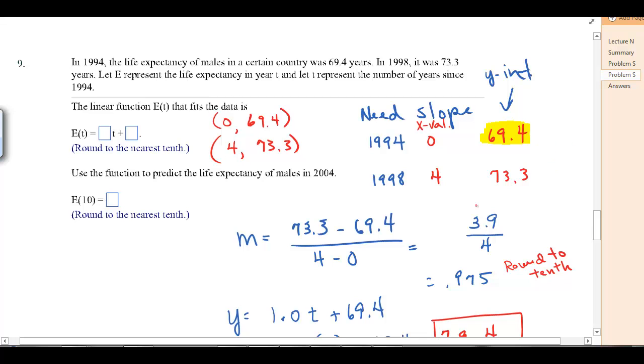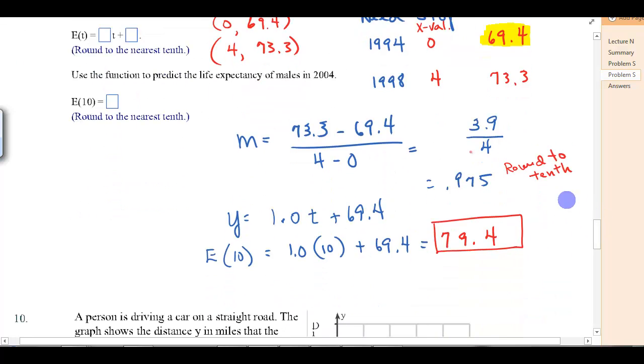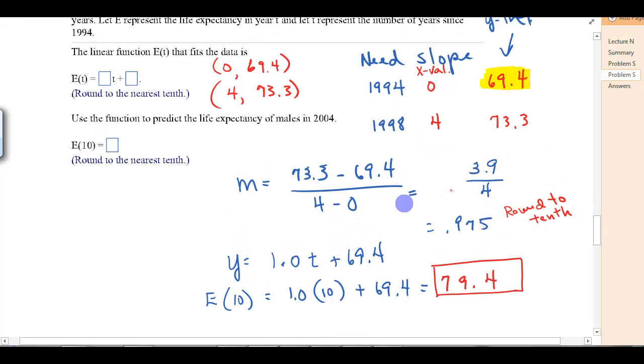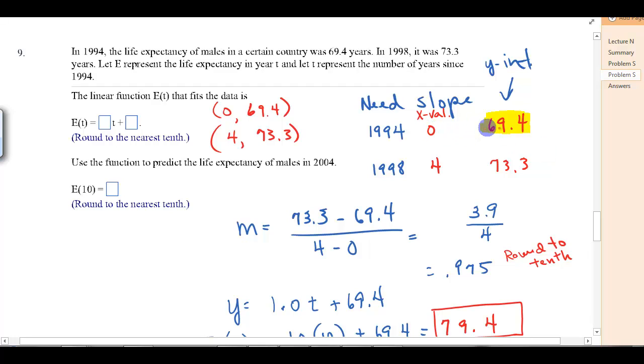All right, so let's find the slope using those 2 points. So here we subtracted the y's and subtracted the x's or the t's, and we got 3.9 over 4, which is 0.975. And we're asked to put this function here. Well, we should note, first of all, that the (0, 69.4), that's our y-intercept because the x value is 0.